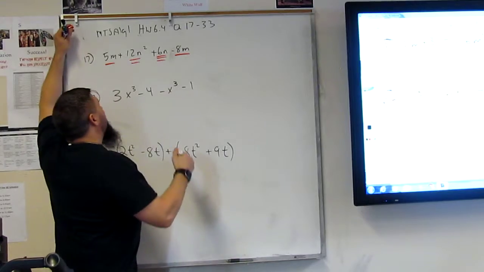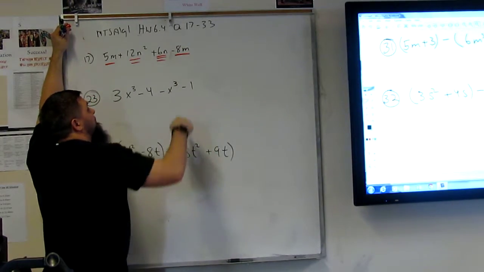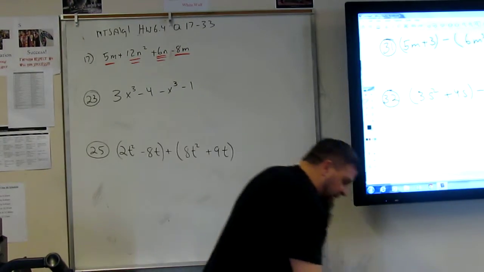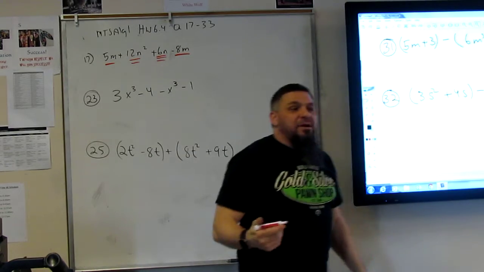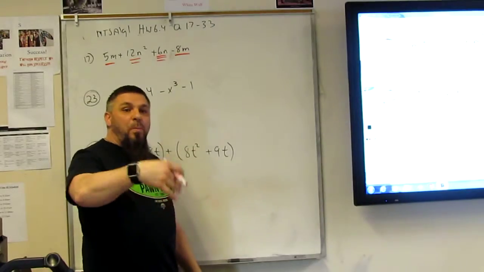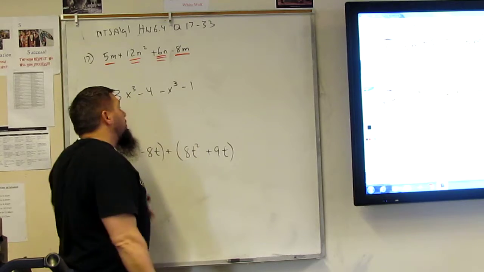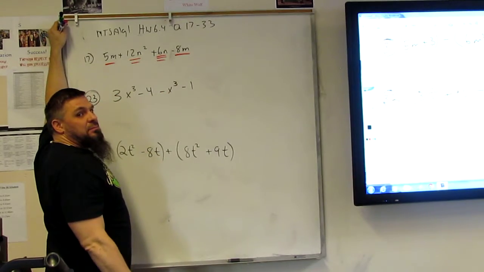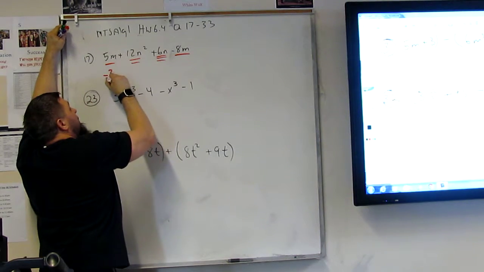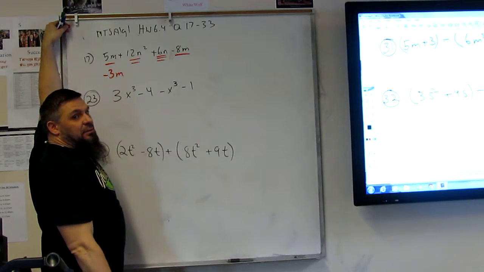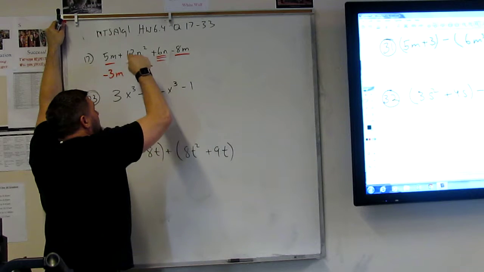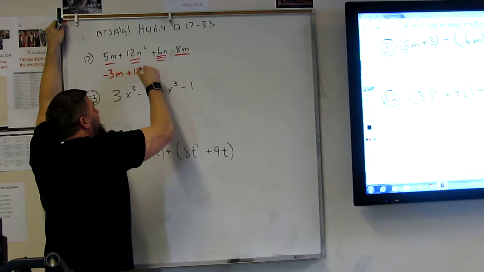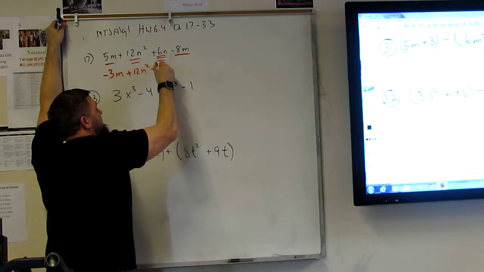The first thing I'm going to do is put my m's together because it's alphabetical order: m, n, o, p. So 5 minus 8, negative 3. And then n plus 12n squared plus 6n.